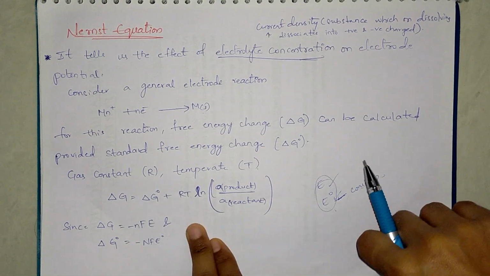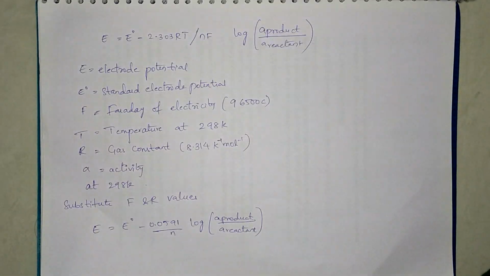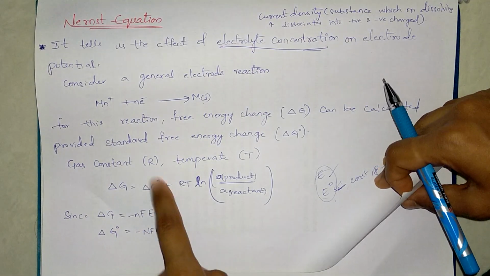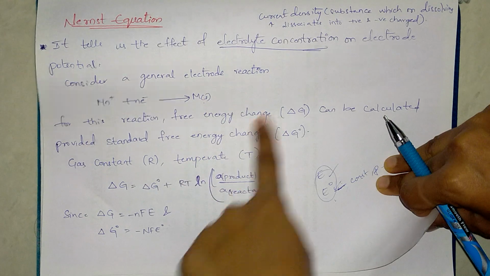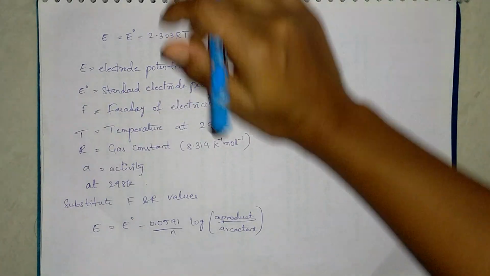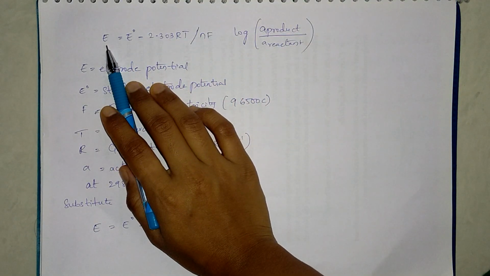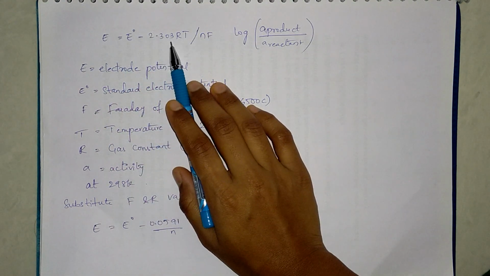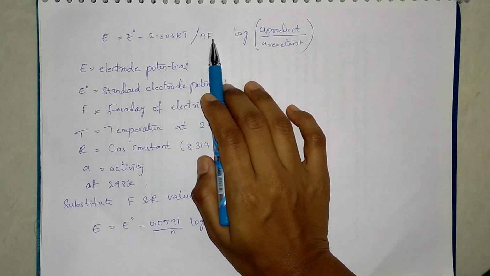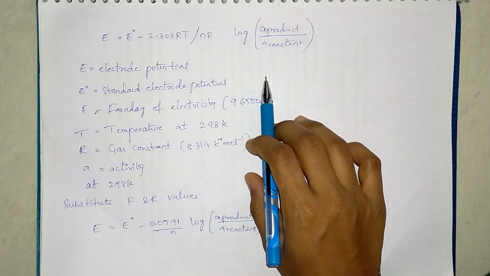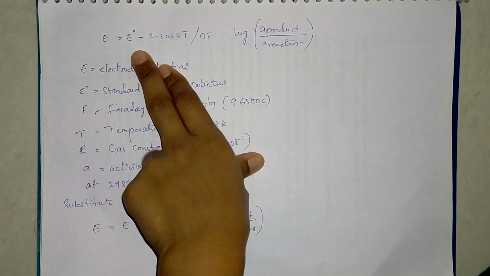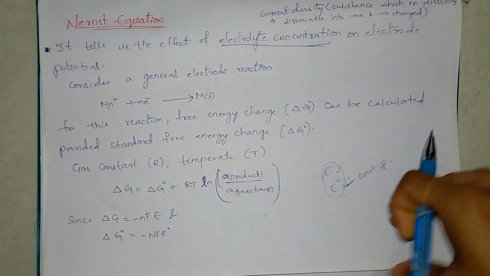We substitute all the values in this formula, and after substituting delta G and delta G naught, we get one final formula for the electrode potential: E is equal to E naught, the standard electrode potential, minus 2.303 RT by nF, times log of a of product by a of reactant. I'll show how to substitute.